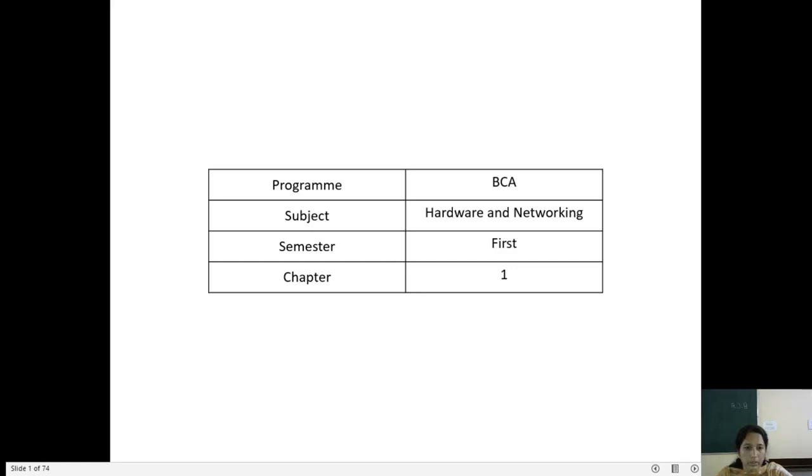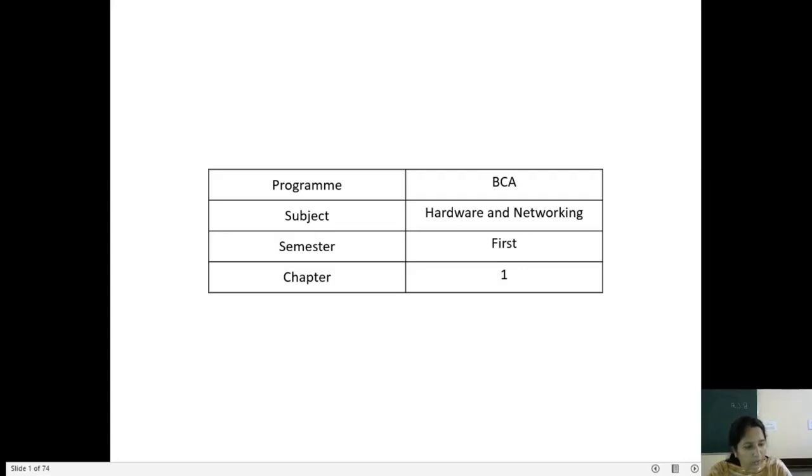In this chapter, you will learn about introduction, history of computer, block diagram of computer, generation of computer, classification of computer, as well as characteristics, application, human interface with a computer.